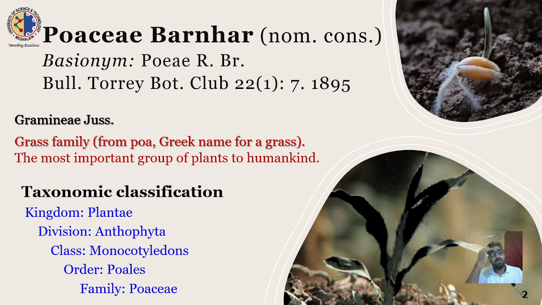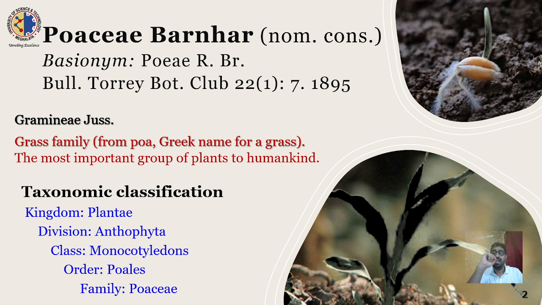So you will find Poaceae, sometimes you will find Graminaceae. Which name is correct? This is the question. But both Poaceae as well as Gramineae are correct. Both names are conserved according to ICN.